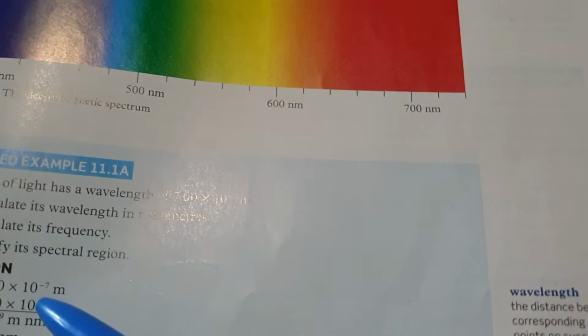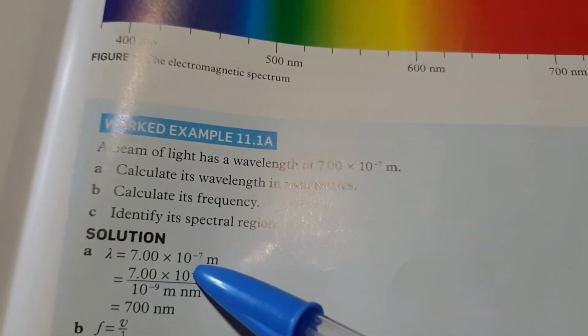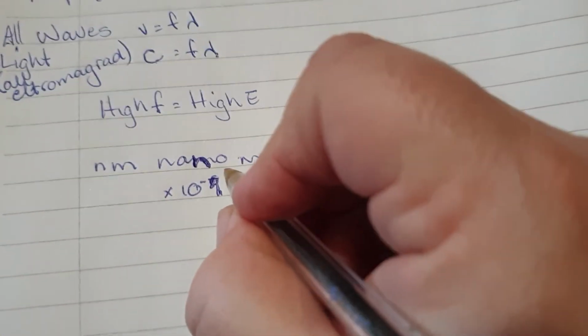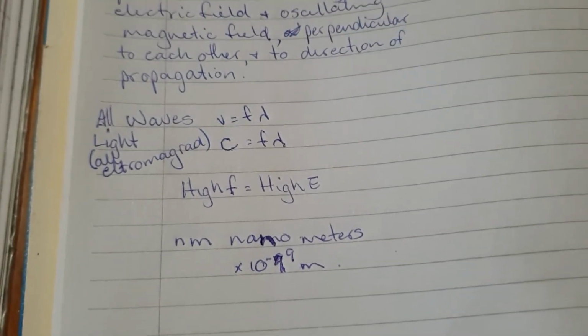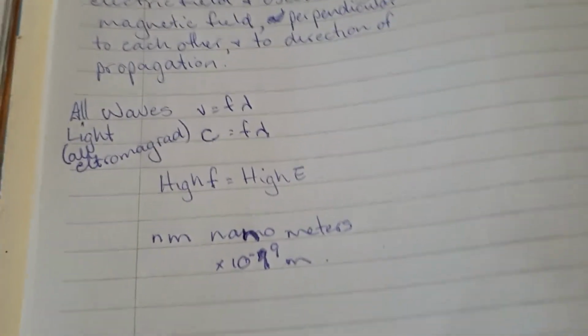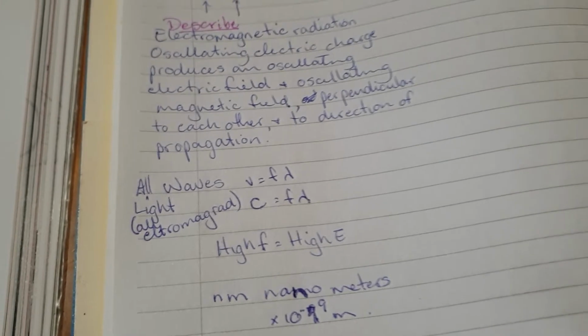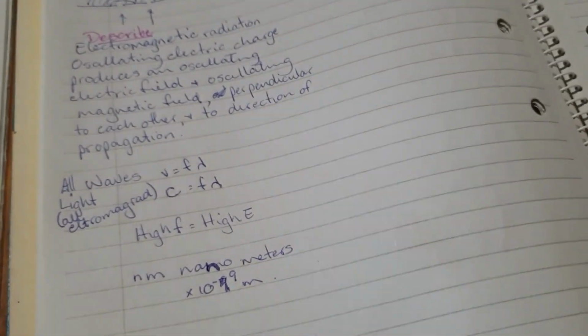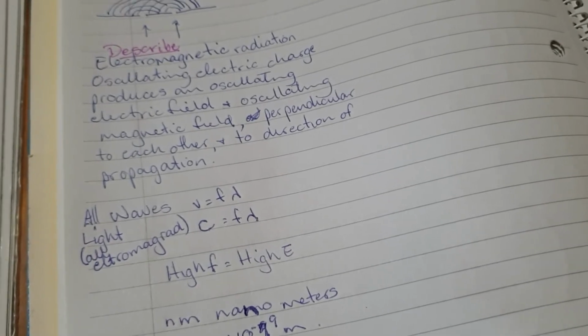So when you've got something like 700, that becomes 7 by 10 to the negative 7. That's why it's negative 7 here. See, they weren't measuring it in nanometers. Nano is times 10 to the negative 9. Righto, that's pretty much all they have now.